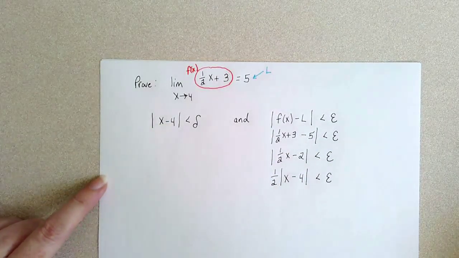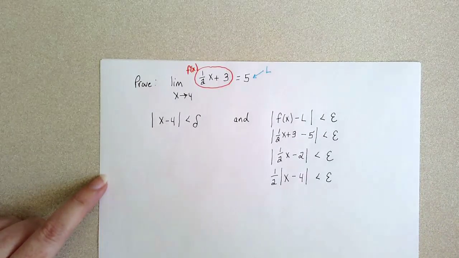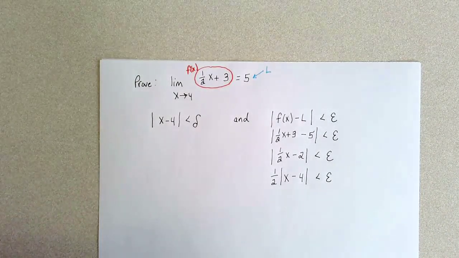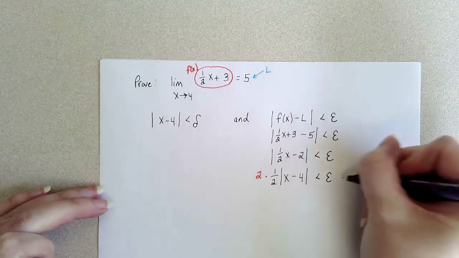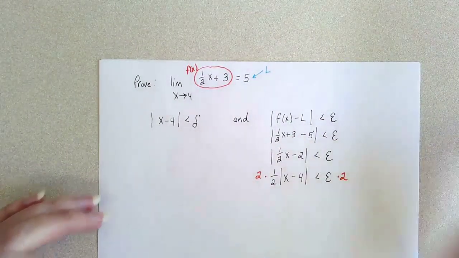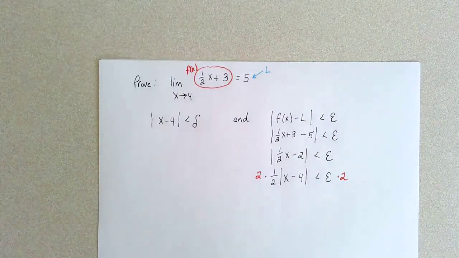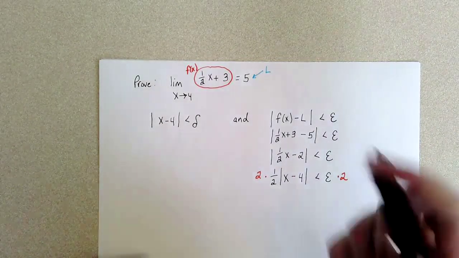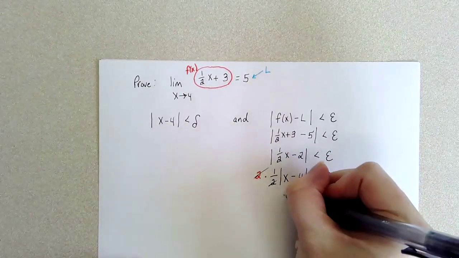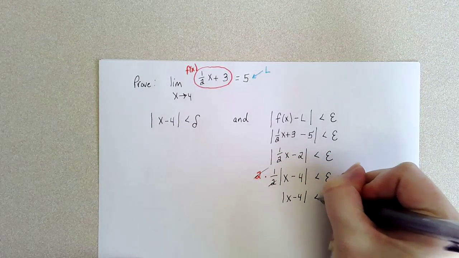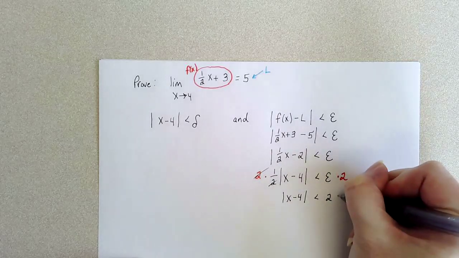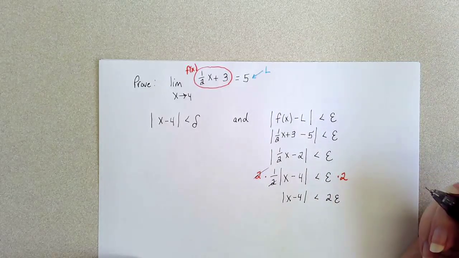So I'm going to go ahead and divide both sides now by 1/2. Dividing by 1/2 is the same thing as multiplying both sides by the reciprocal of 1/2, which is just 2. So I'm multiplying both sides by 2. And I get absolute value of x minus 4 is less than 2 epsilon.